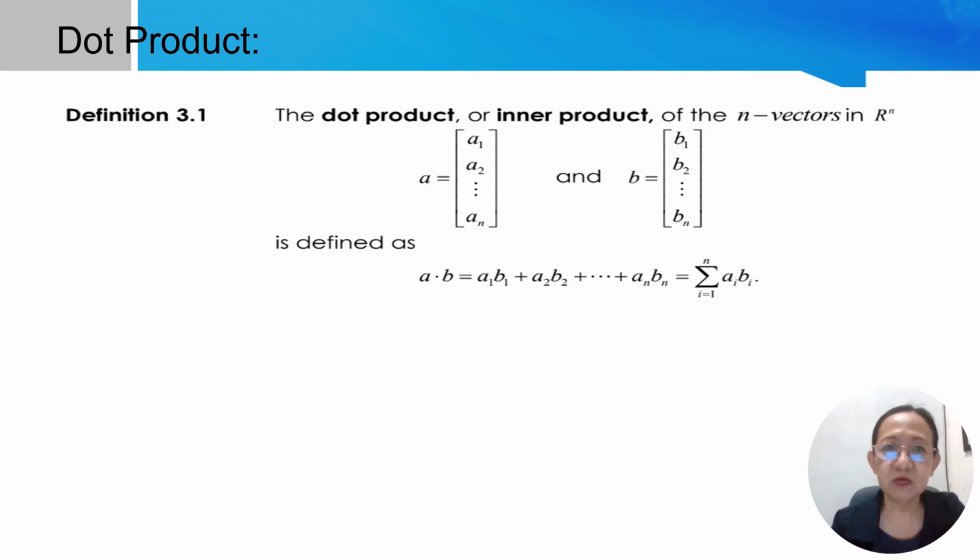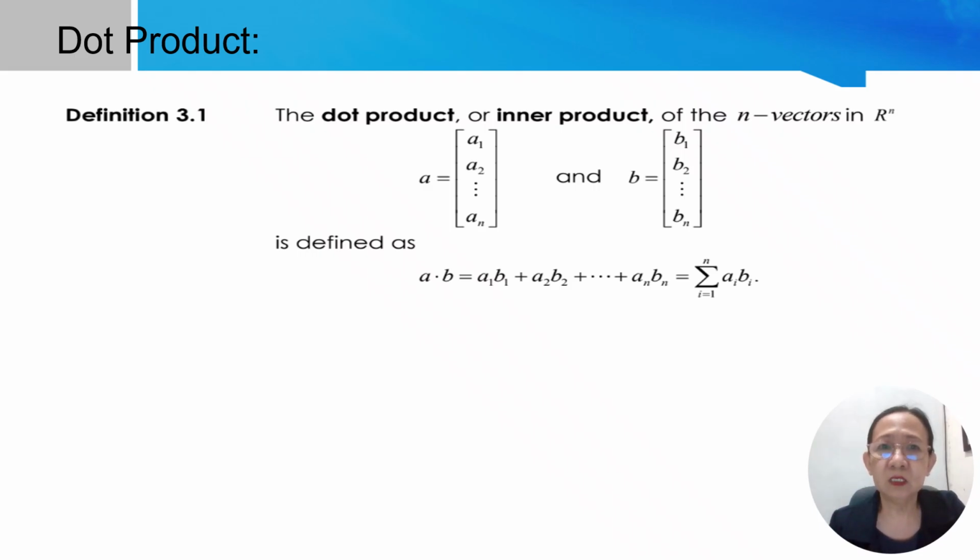Now, for the first definition, we have the dot product, also called the inner product, of two vectors in R^n, wherein the entries of vector A will be A sub 1, A sub 2, until the last entry, A sub n. Then we have vector B, with entries B sub 1, B sub 2, until B sub n.